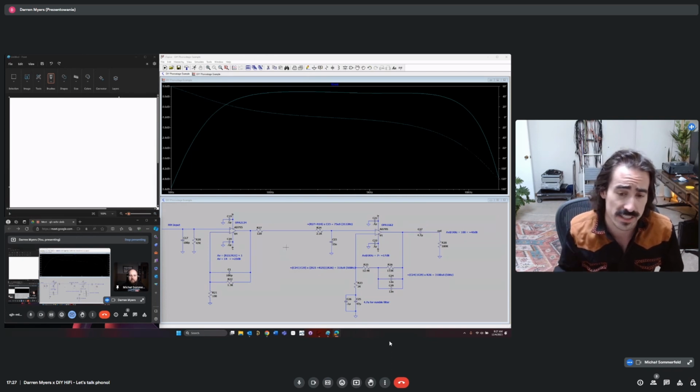That is one of the reasons they have such an aggressive compensation roll-off, a 6 dB per octave roll-off, because they're trying to create an op-amp that is stable even at unity gain, which is one of the hardest points to stabilize the amplifier.